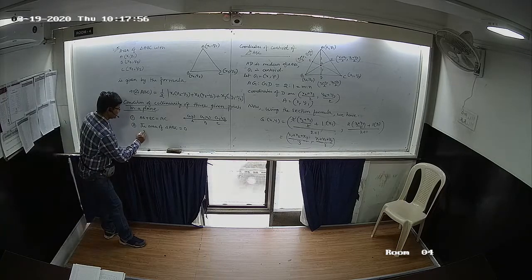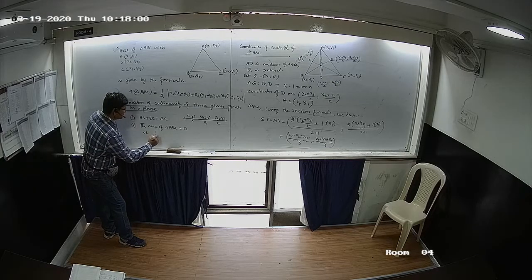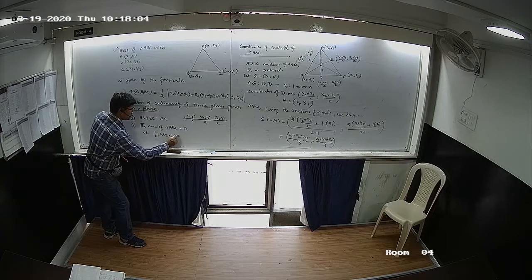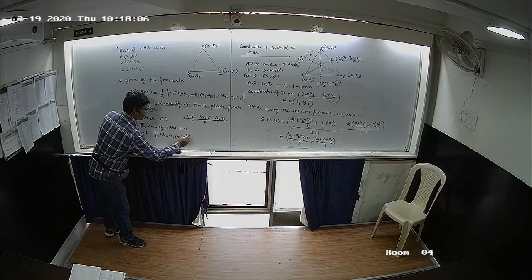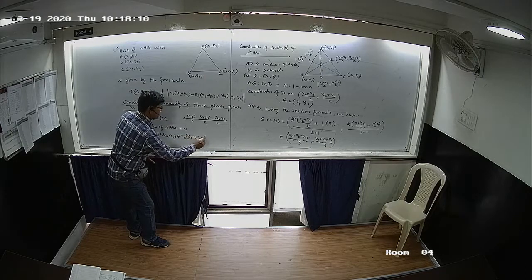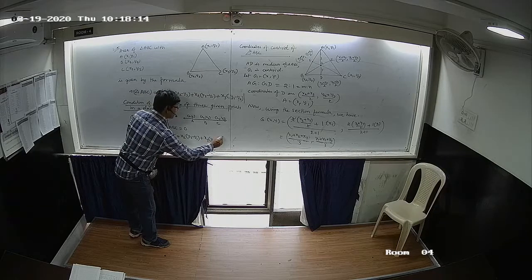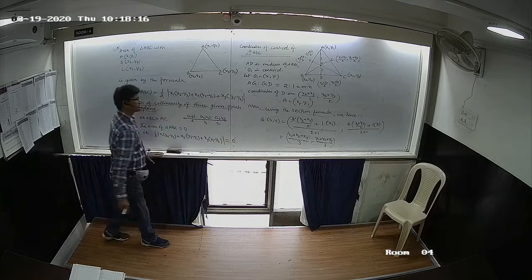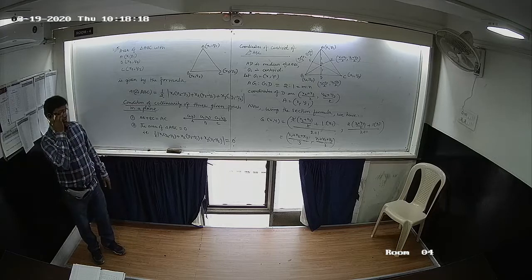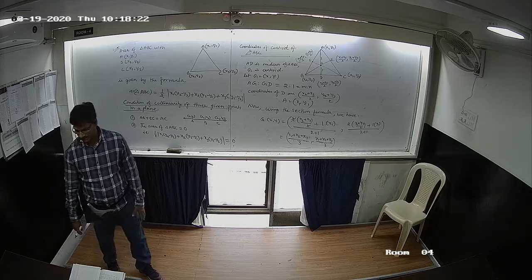That is, half x1 into y2 minus y3 plus x2 into y3 minus y1 plus x3 into y1 minus y2 will be equal to 0. So these are the conditions of collinearity we need to satisfy.